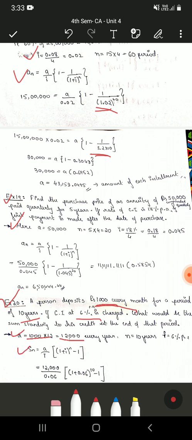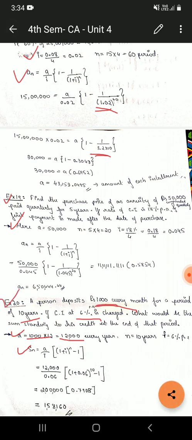So here we have to use the formula for amount of annuity. So Sn equals A by I into 1 plus I whole raised to n minus 1. A is 12,000, N is 10, I is 0.06. Solve, and you get the sum standing to his credit at the end of 10 years as 1,58,160 rupees.